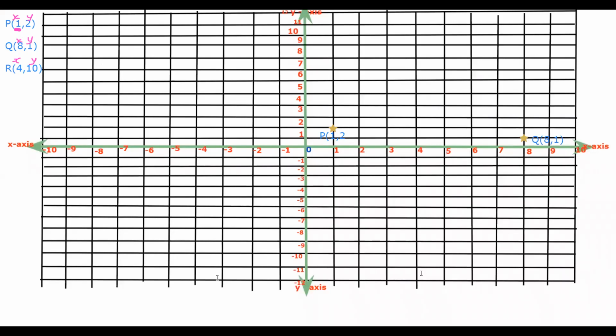Then point R is also formed by 4 found on the X and the 10 found on the Y. So we have the 4 line here and the 10 will be here. Okay. Then you indicate the intersection between this line here, that's the 10 line here. Okay. Good. And the 4, they will meet here.